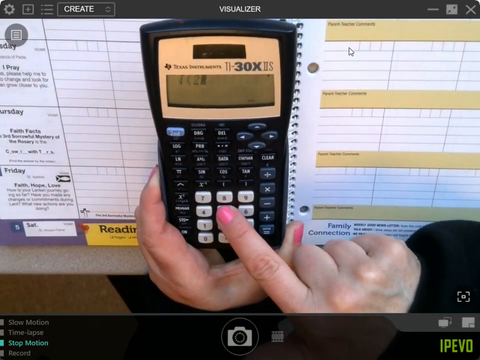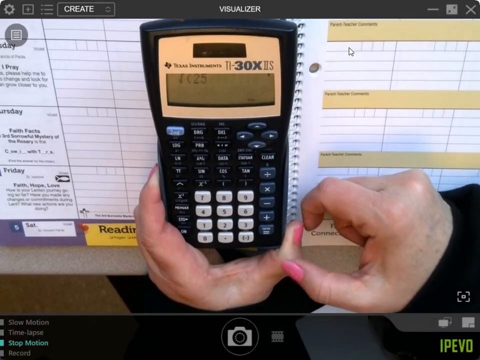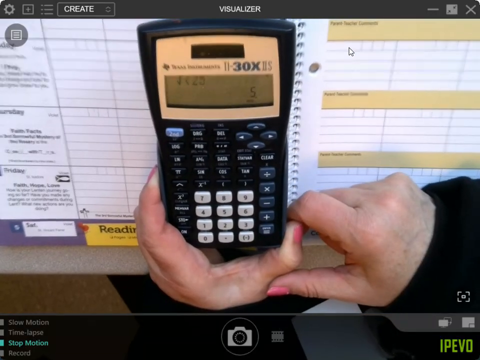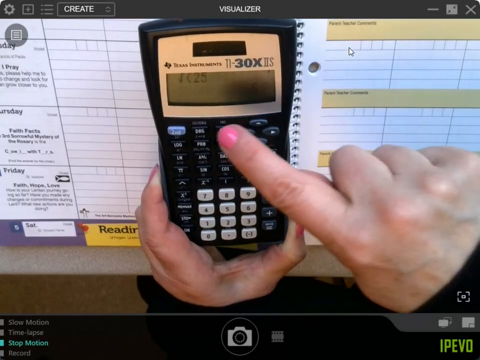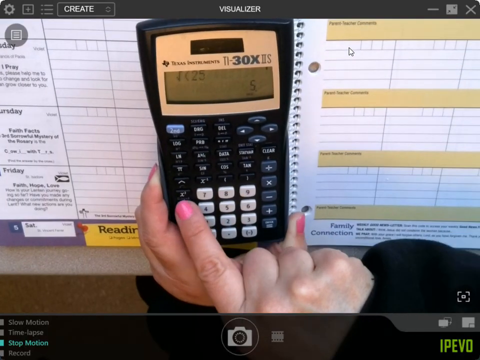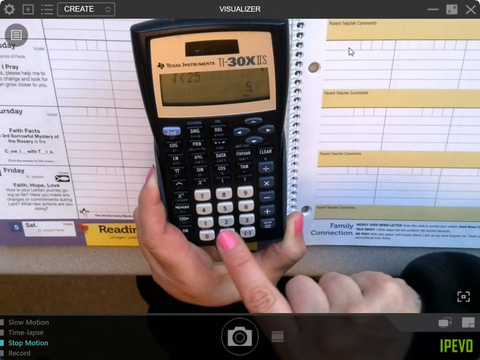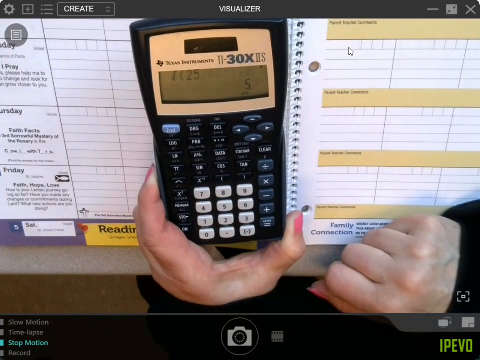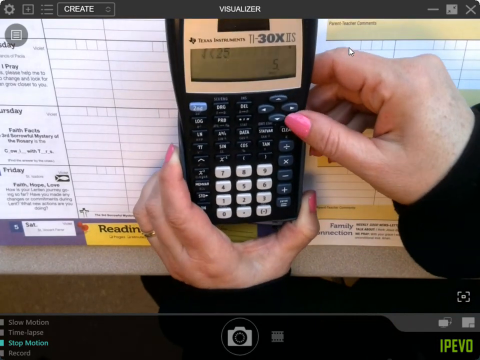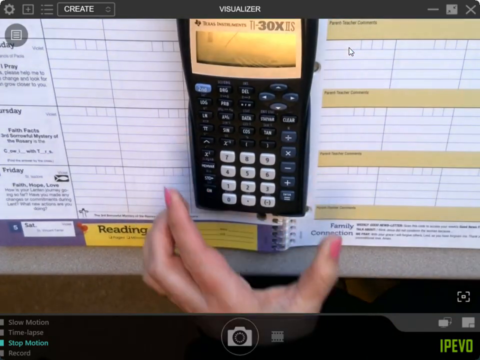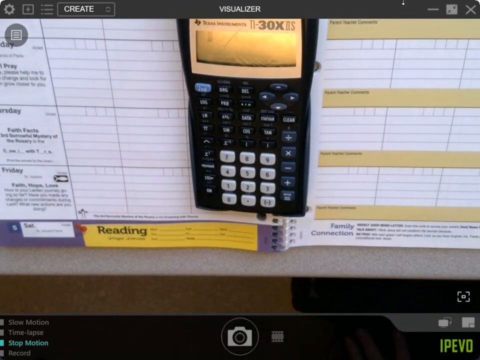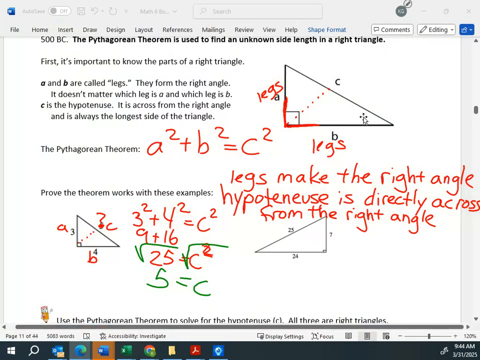Then you put the number that you want to find the square root of, and you press equal. That help, Bennett? Okay. All right. Any other questions about the Pythagorean theorem?